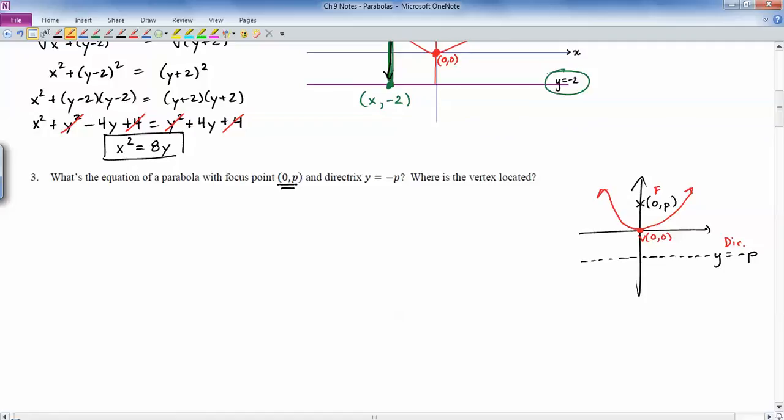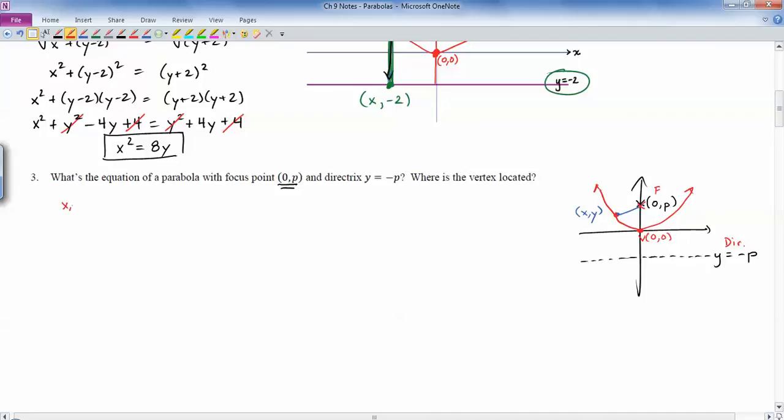So let's see what we got. We'll pick a general point, some point right here, call it x, y. And then let's figure out that distance between that point and the focus. And I didn't draw this very well, but this is supposed to be the same distance too. So first let's figure out the distance between x, y and the focus point.